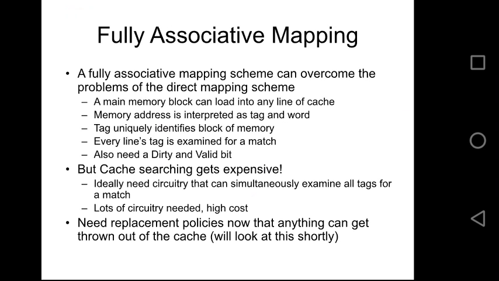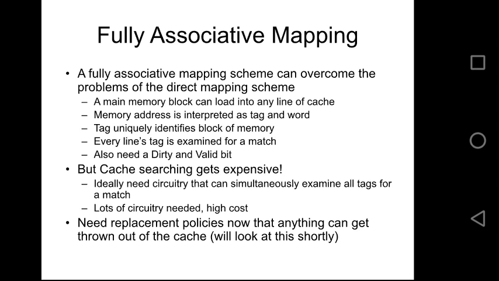We need replacement policies now that anything can get thrown out of the cache. In the case of direct mapping, there is no requirement of a replacement policy, but in fully associative mapping, yes, we need to have a replacement policy, because any block in the main memory or physical memory can be mapped to any block in the cache.